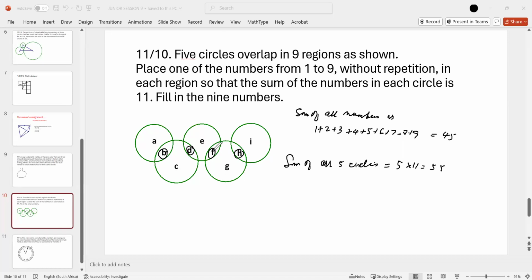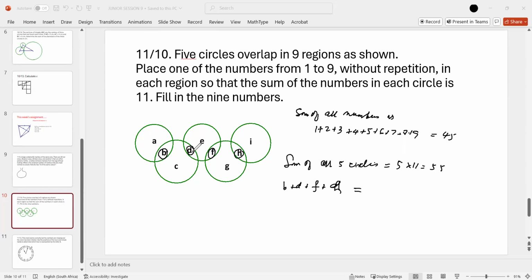So, what's the conclusion? The only numbers which are repeated are B, D, F, and H. Because each is counted twice, they are the ones contributing to the 55. Originally it was 45, but suddenly you land up with 55. Where is the extra coming from? It's coming from these numbers which are counted twice.